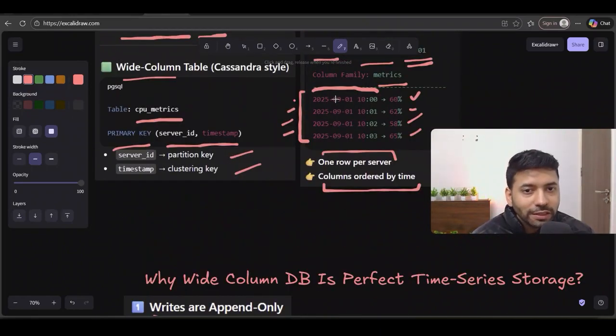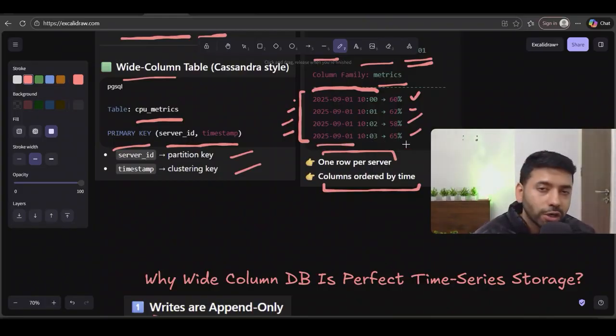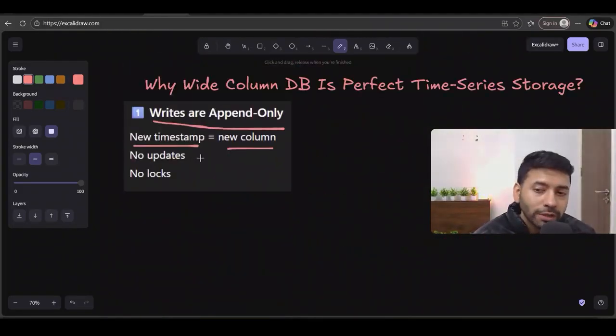After every minute we create a new column, so next would be this time and then 10:04, and corresponding to that we will have the value. That would be the new column. The most important thing is there are no updates, it is just append only and there are no locks.